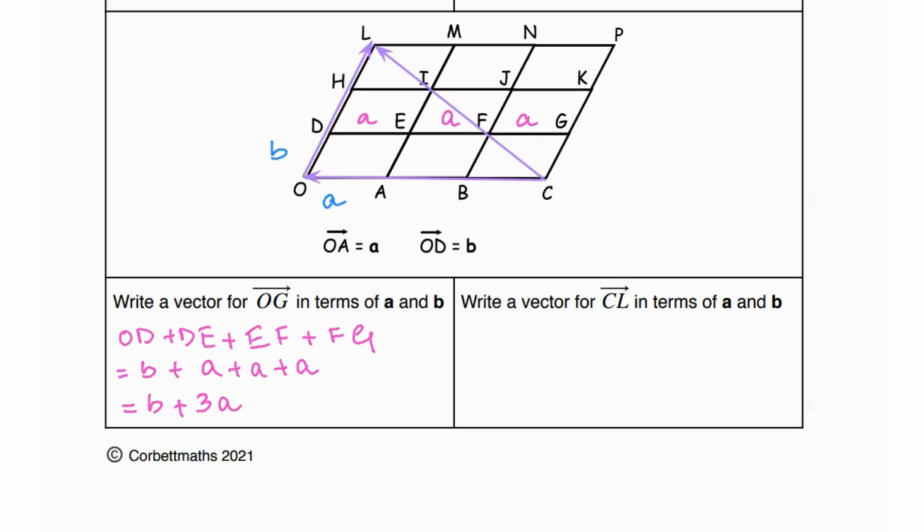So for CO, it would be negative a, negative a, negative a, because we're going in the opposite direction. And OL is still the same, so positive b. CO plus OL, so negative 3a plus positive 3b. And that gives us the value of CL in terms of a and b.